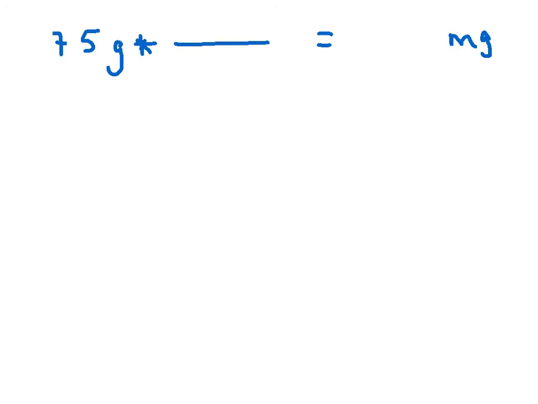If we want to cancel grams, grams go on the bottom, which means milligrams go on top. The second question we need to ask ourselves is, which is bigger, a gram or a milligram? Since grams are the base unit and milligrams are below, the gram is bigger. So we say, in 1 gram, how many milligrams are there? The prefix milli means 1,000, so it takes a lot of milligrams to equal 1 gram. Our units would cancel, and we're left with milligrams.